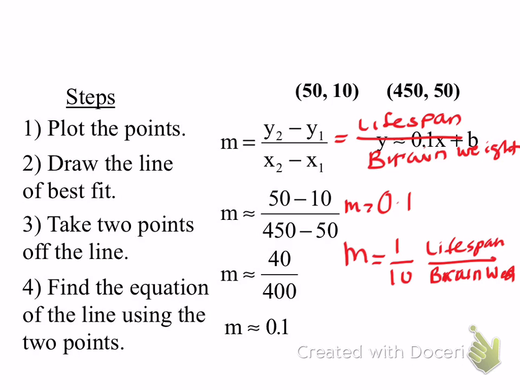Your brain weight is 10 times your lifespan. Perfect. Perfectly said. That's what that means. Or for every 10 grams, you get 1 year of life. Every 10 grams of brain weight, there's 1 year of life. Does that make sense? That's interpreting the slope.